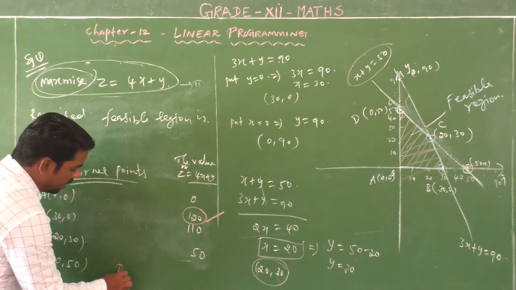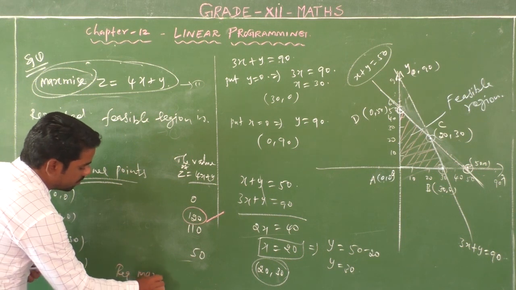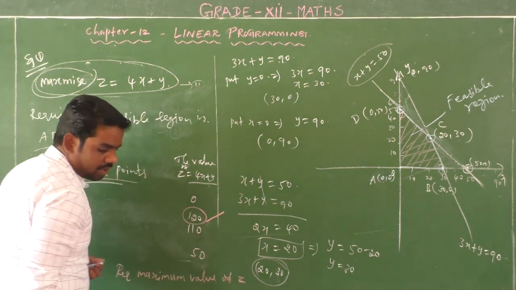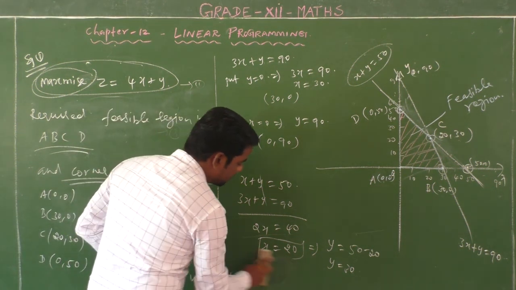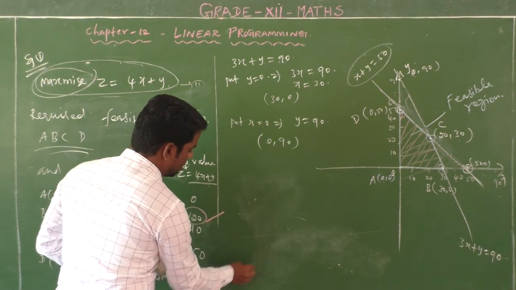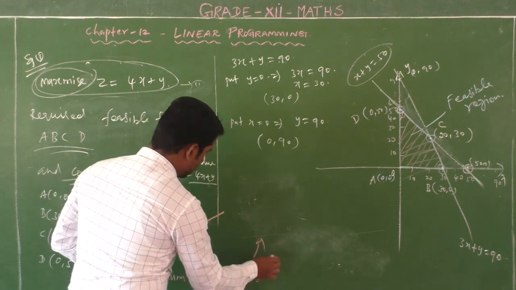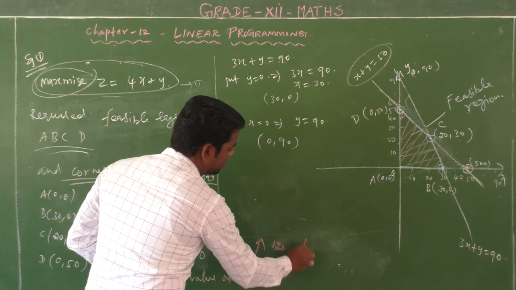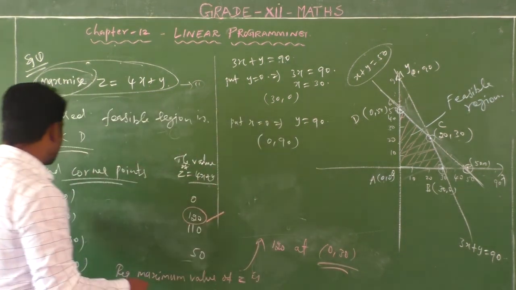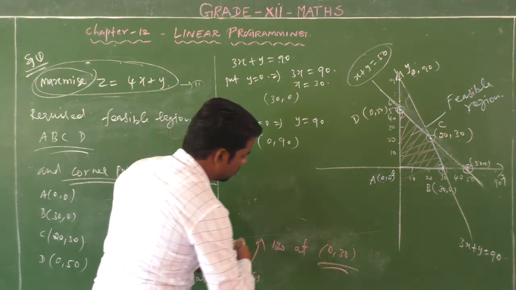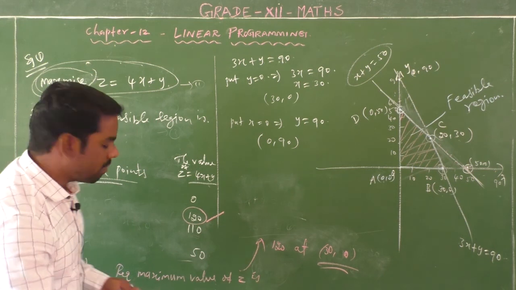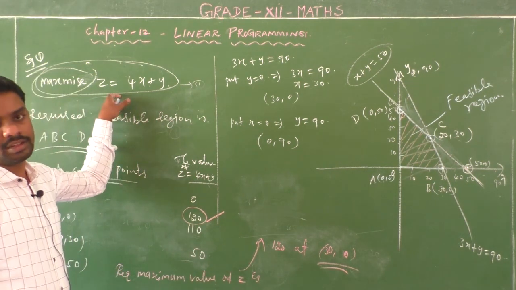Therefore, the required maximum value of z is 120 at the point 30 comma 0. This is the required maximum value of this objective function.